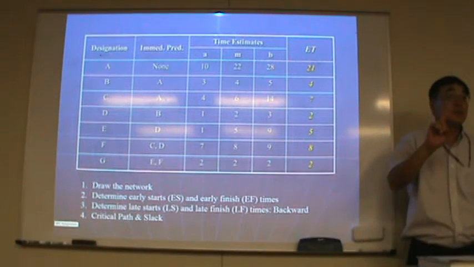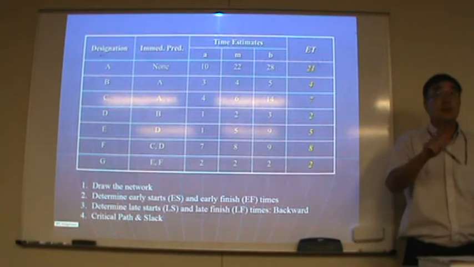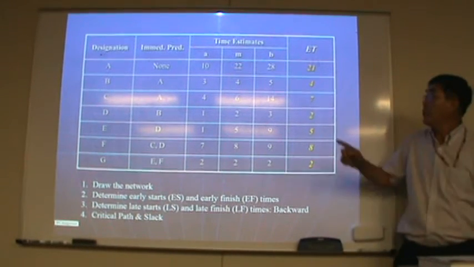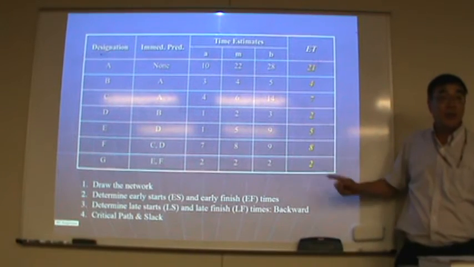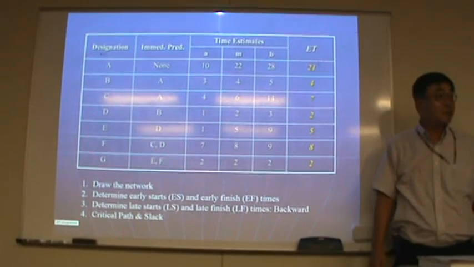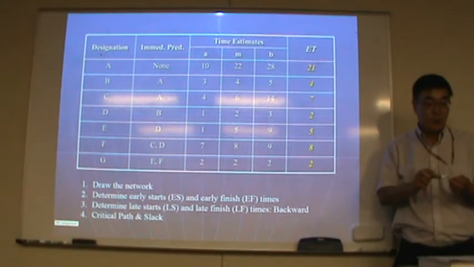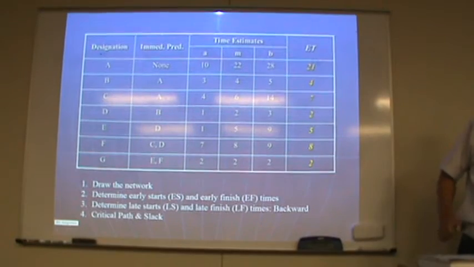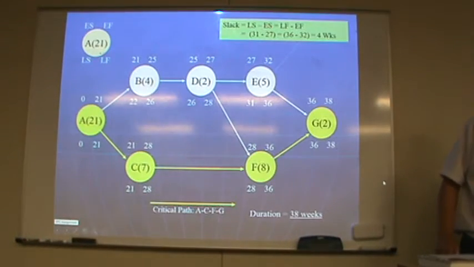Then it's the same as a single estimation, right? We have only one activity time after we get the expected time. Then we can draw the network diagram using expected time.